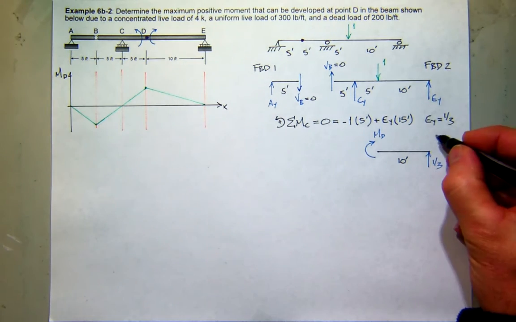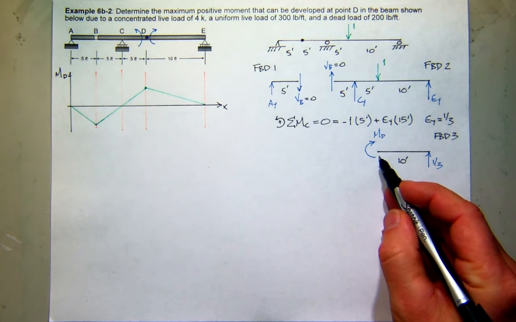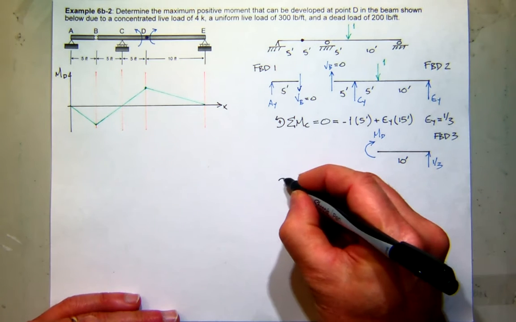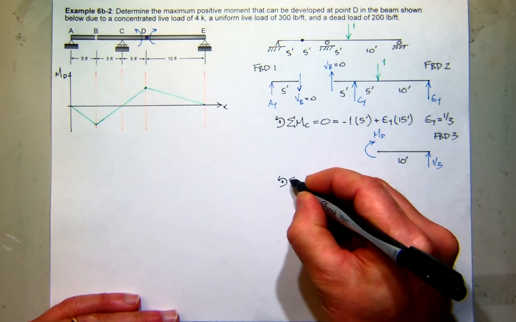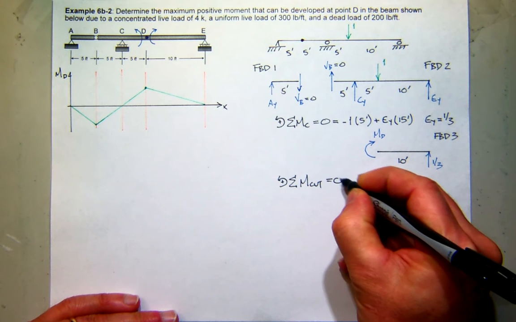Now I'm writing a third free body diagram to find the moment. I can find the moment by summing the moments at the cut, making sure it's equal to 0.